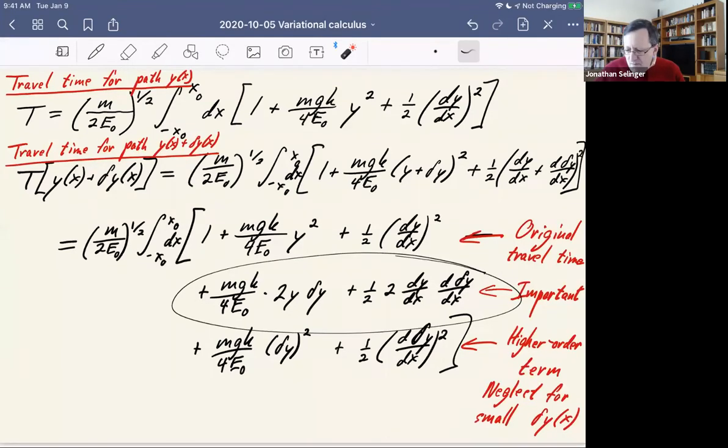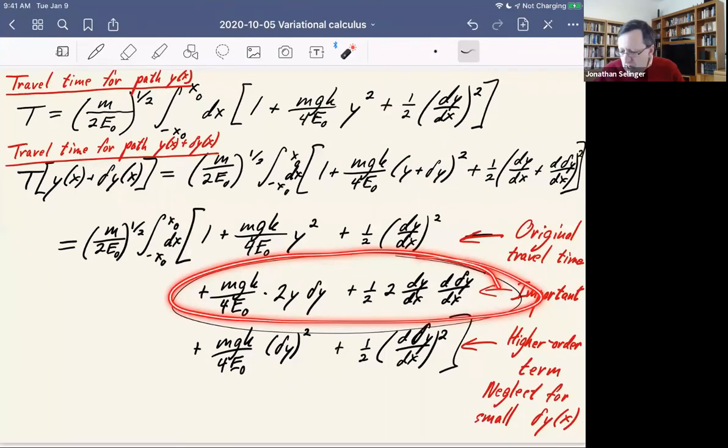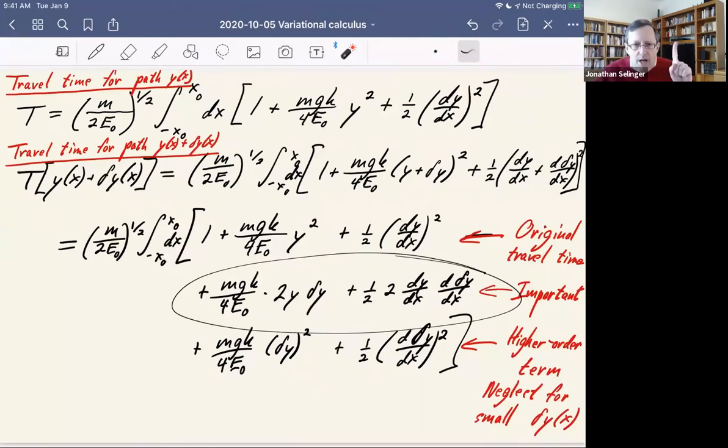So this is just the original travel time before I made the change in the path. And then this second line is terms that have 1 power of delta y. Those are what we're going to concentrate on. And then the last line is terms that have 2 or more powers of delta y.